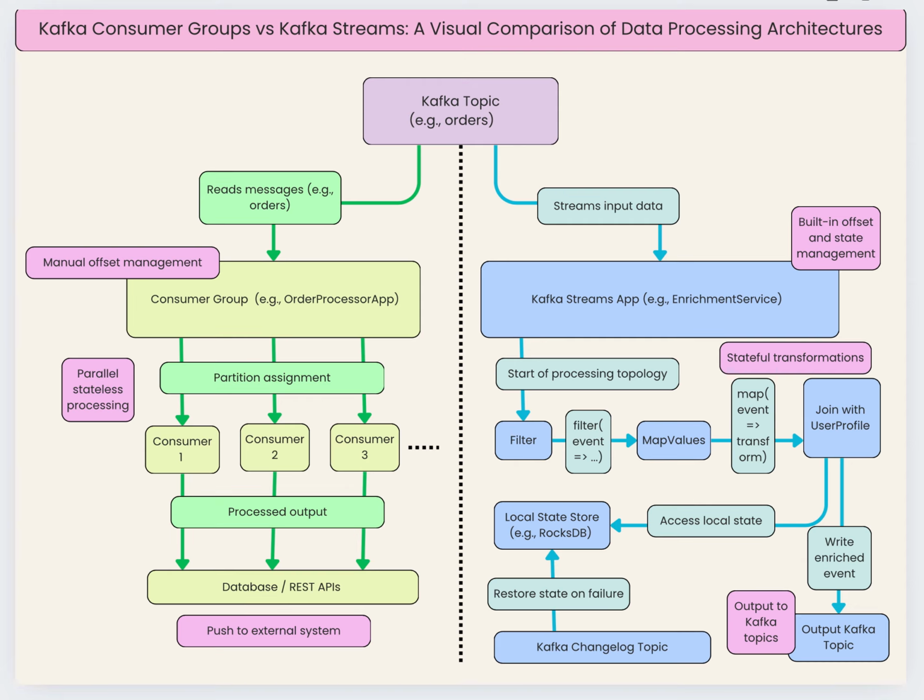With offset management, Kafka consumer groups offer manual or auto. Kafka Streams offers automatic only. When it comes to windowing or aggregation, Kafka consumer groups offer external only, whereas Kafka Streams offers built-in support.